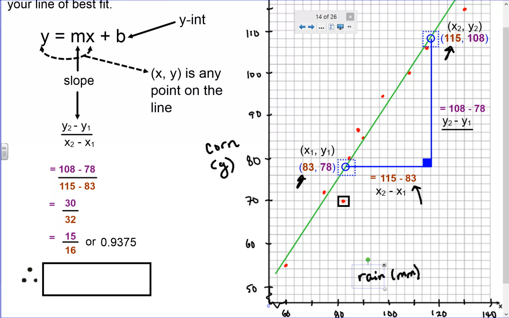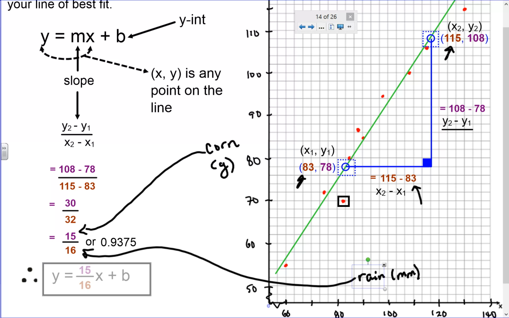So what that means is that as far as rain is concerned, for every 16 millimeters of rainfall, we can anticipate on average, according to the line of best fit, that we'll have 15 grams of production. So that's the significance of the slope.